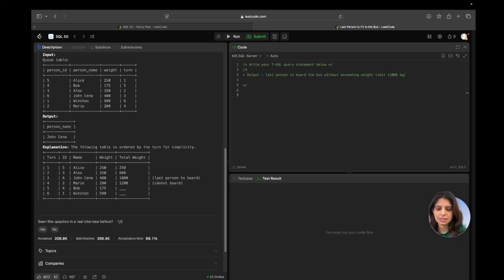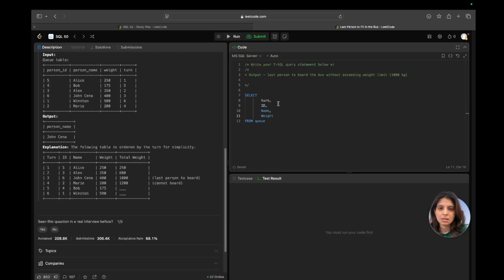We only have to work with one table, which is Q. Select from Q, and let's write everything down. We have person ID, we have turn, then we have person name, we have weight.